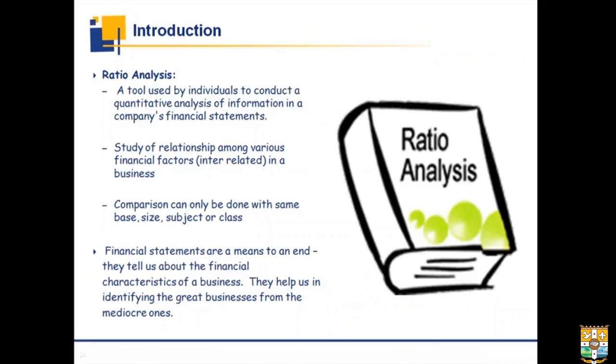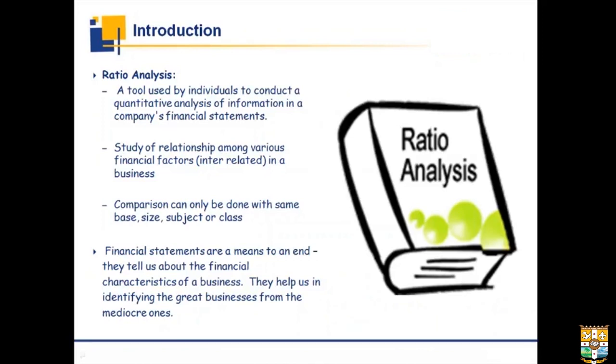For that purpose, we use analysis or accounting tools and techniques which we call ratio analysis. As the name defines, ratio analysis is the analysis of the ratio. A ratio would have one numerator and one denominator.